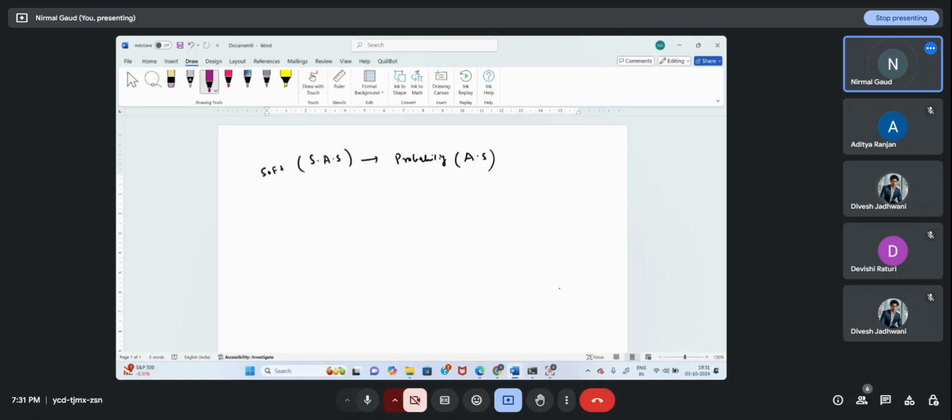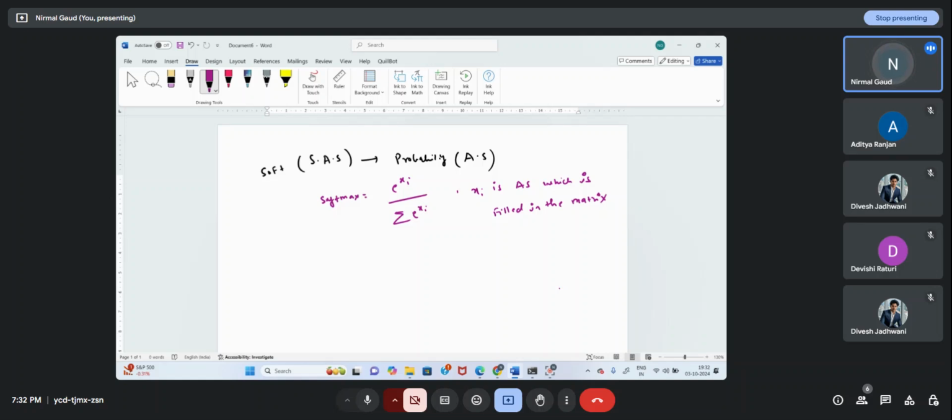Okay. And the formula for softmax is e power xi divided by summation of e power xi, where xi is your attention score, which is filled in the matrix.